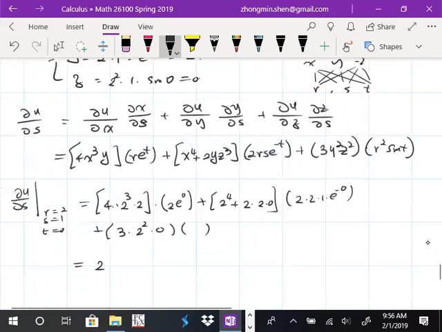How many 2's here? 2 plus 3, 5, 5 plus 2 is 2 to the 7th. Let me check the second part. You have a 4 plus 2 to the 6. Yes, 2 to the 6.